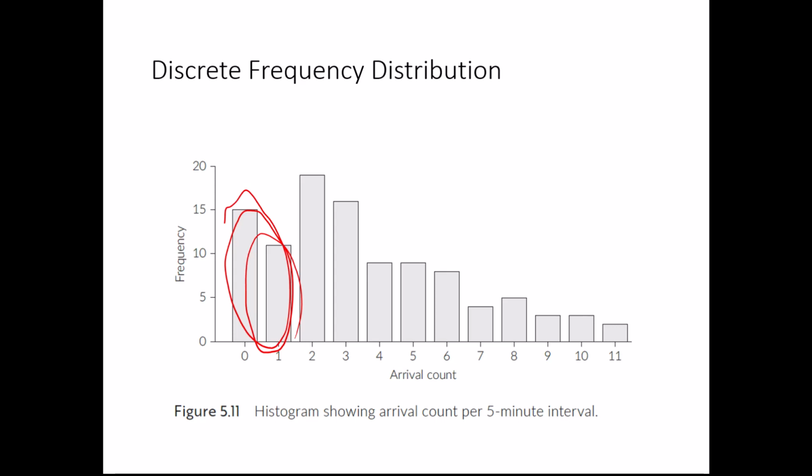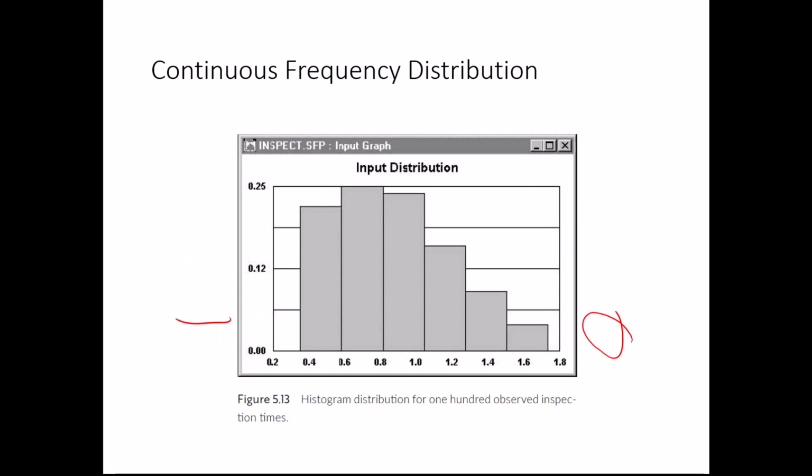So this is based on your discrete distribution, and then your other one is related to the continuous distribution. This is when you have, let's say, inter-arrival time in minutes. Let's say every 2.5 minutes you have a customer, or every 5.5 minutes.